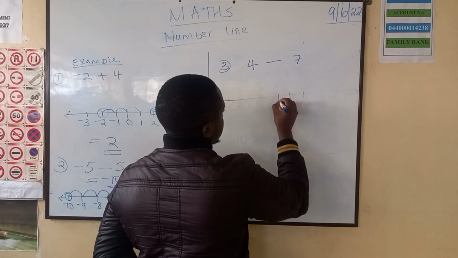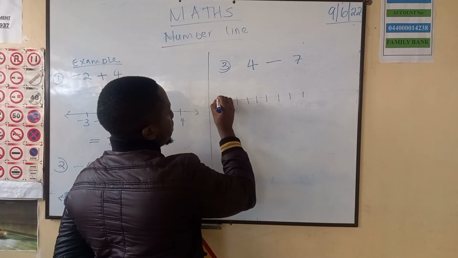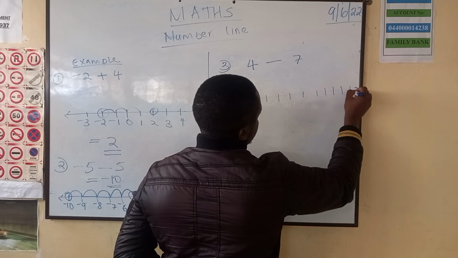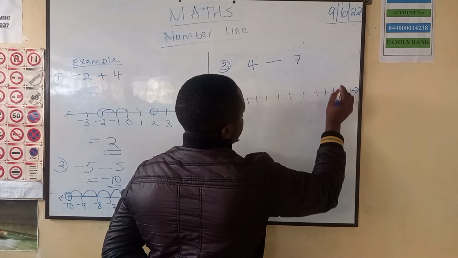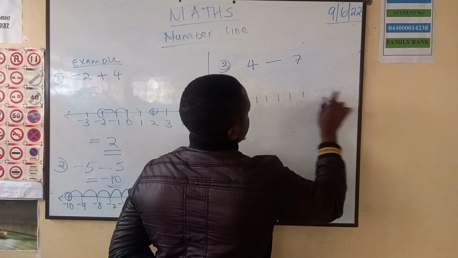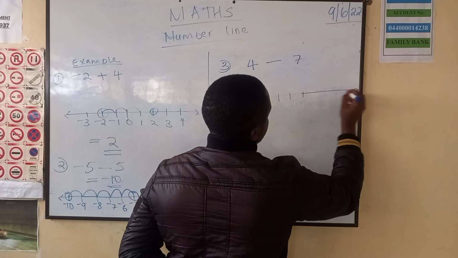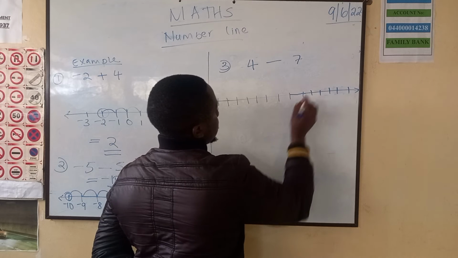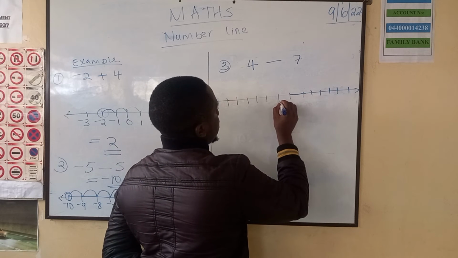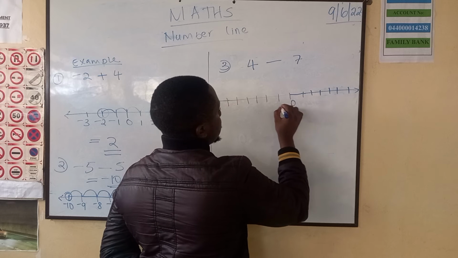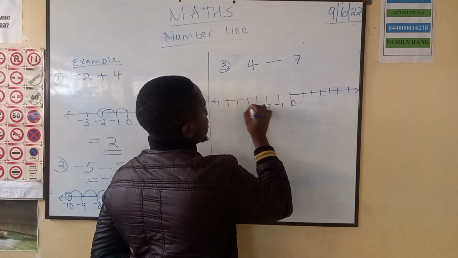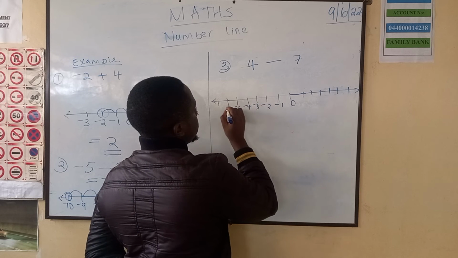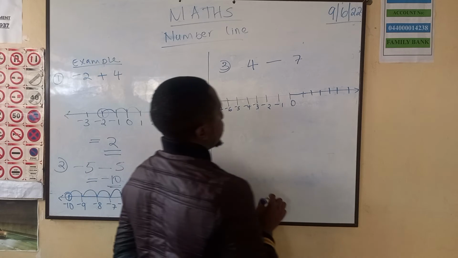So we have a number line here. We have 0, negative 1, negative 2, negative 3, negative 4, negative 5, negative 6, negative 7.